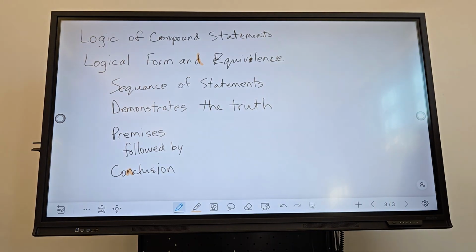In logic, the form is distinguished from its content. So the form, we use variables, manipulate the variables in these arguments, and demonstrate the truth of the assertion without regard to the actual content or the value of those variables.